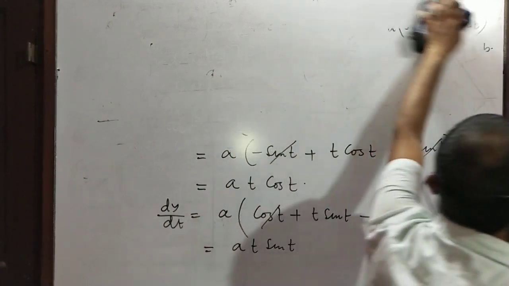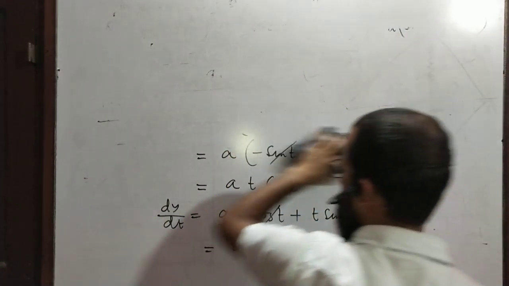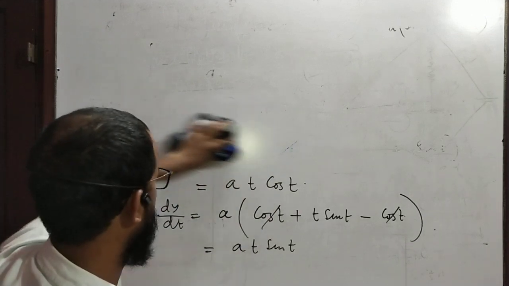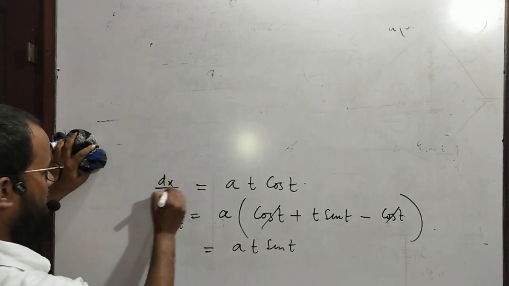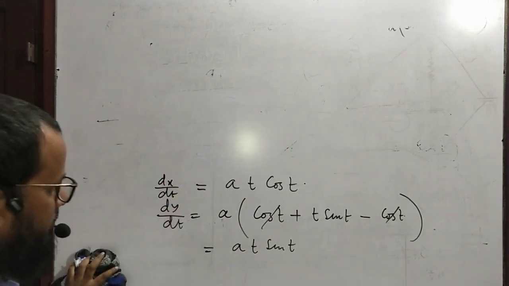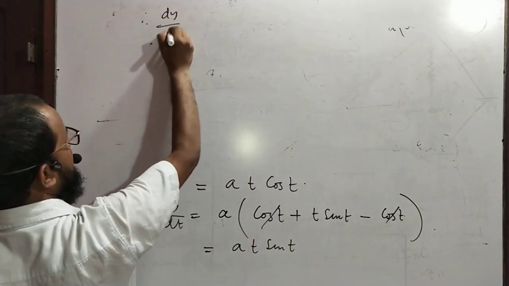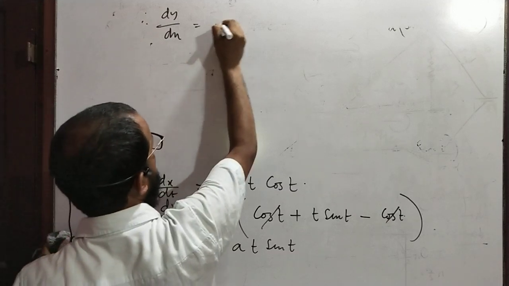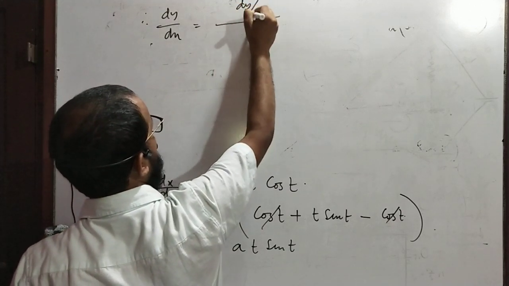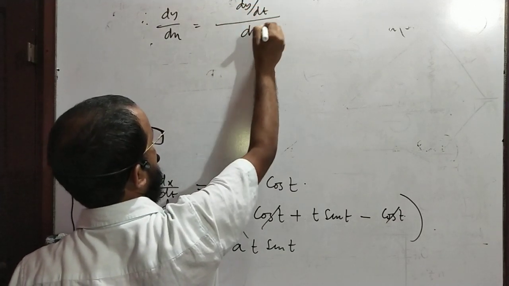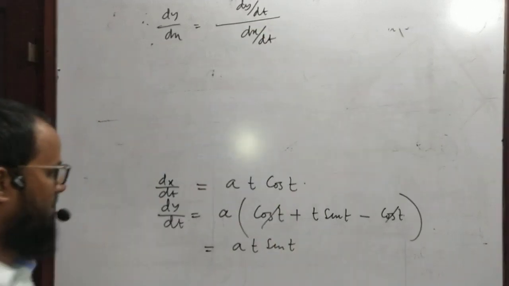dy by dx is equal to what? dy by dx is equal to... this is your dx by dt. Now the dy by dx formula is dy by dt divided by dx by dt.